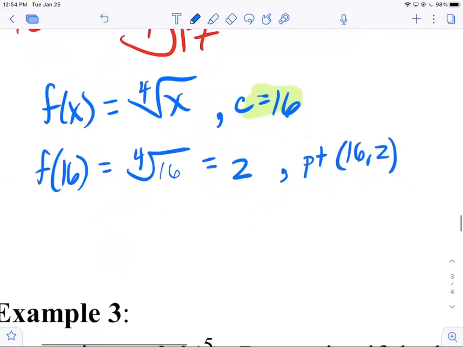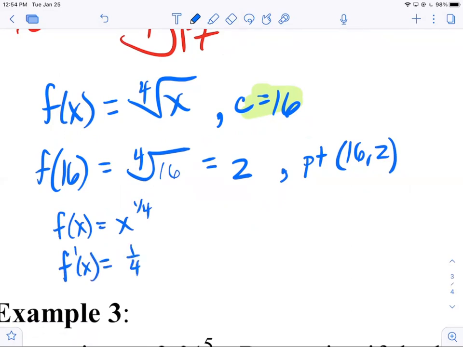Now we need the slope at the point. Let's write f of x in a different format first, x to the 1/4. f prime is now 1/4 x to the negative 3/4, which if we clean that up is 1/4 times the 4th root of x cubed.